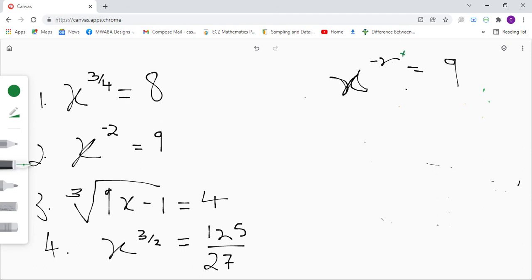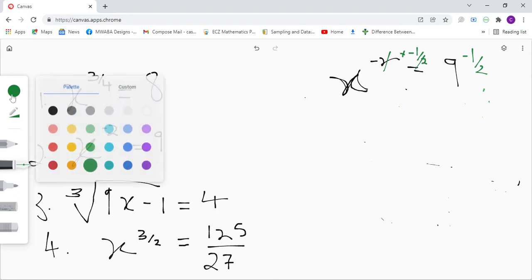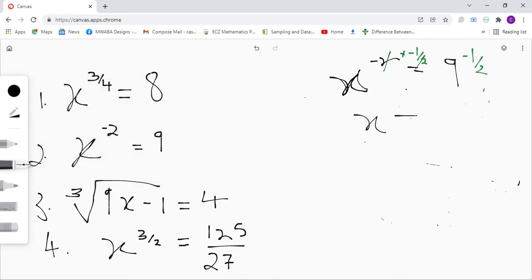So we're going to multiply by negative half, all right? And negative half will also apply to our 9 this side, okay? So these two cancel each other. We have x. So x is going to equal 9 to the power negative half.